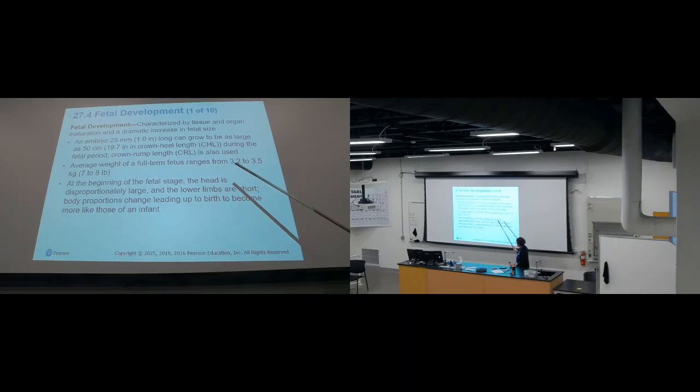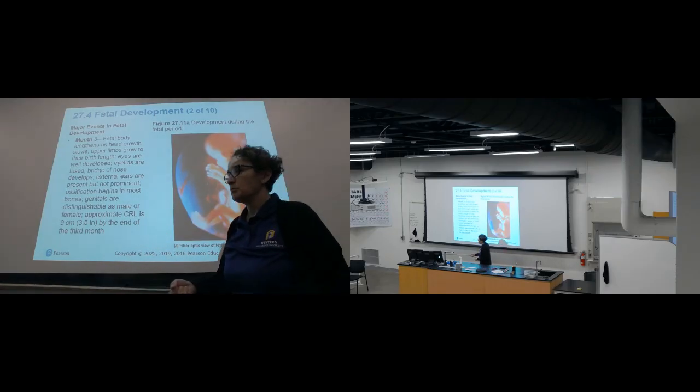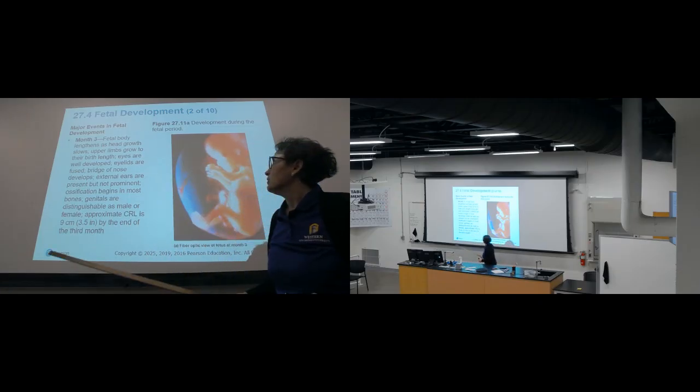And then even during childhood, you have the head, which is disproportionately larger compared to the thorax and also to the lower limbs, which are short, sorry. And as we grow, the lower limbs and the upper limbs grow, and then the head becomes smaller.